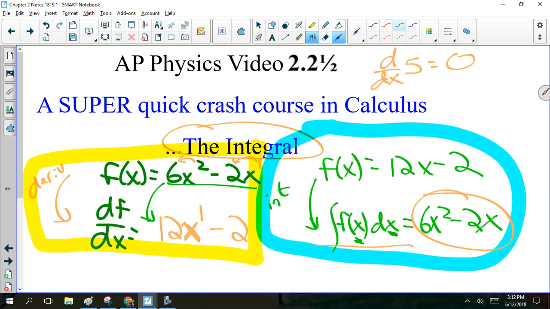So I could tack on a plus 5 here, just like I could tack on a plus 5 over here, and that wouldn't change the derivative. That's what's at the crux of what makes integrals a little more confusing than derivatives.